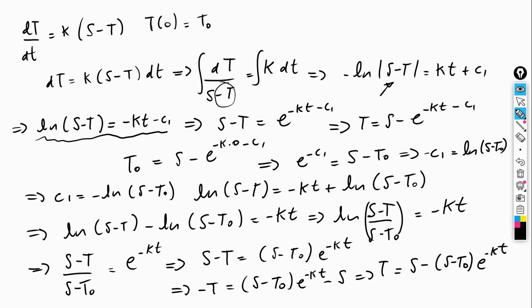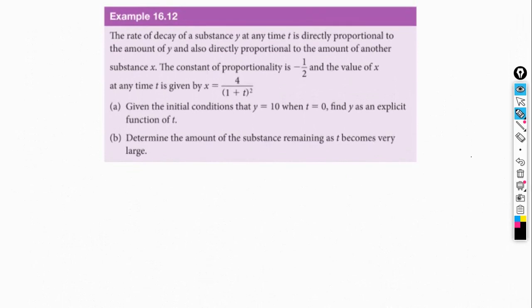So notice this is the final equation. And what it means is that the temperature is going to equal the temperature of the medium minus the difference between the medium and the initial temperature times Euler's number to the power of minus k, which is the rate of change, times time.